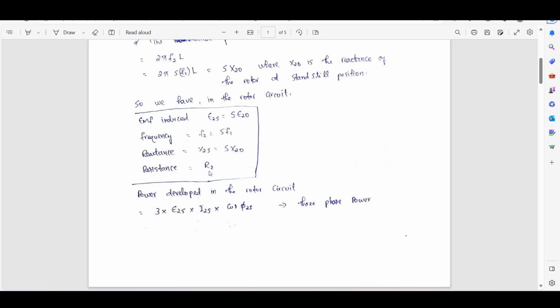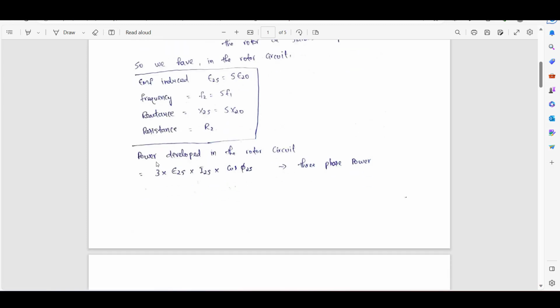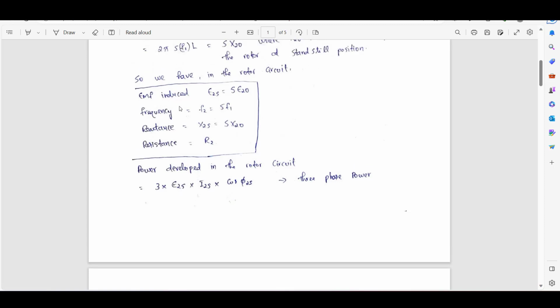Now we will go to the equation for the active power developed in the rotor circuit. That is given as 3 × E2(s) × I2(s) × cos φ2(s), where E2(s) is the EMF induced in the rotor circuit, I2(s) is the current flowing through the rotor circuit, and cos φ2(s) is the power factor associated with the rotor circuit. The 3 represents three phases, so this equation represents the three-phase power developed in the rotor circuit.